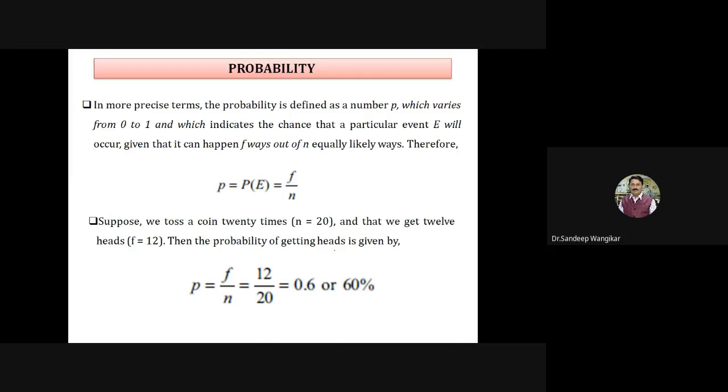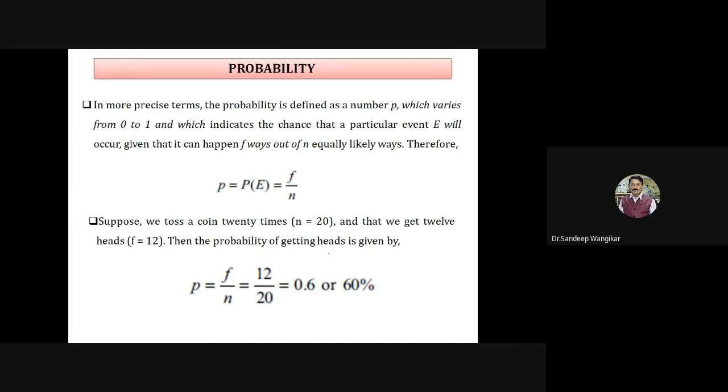In more precise terms, the probability is defined as a number p which varies from 0 to 1 and which indicates the chance that a particular event E will occur, given that it can happen F ways out of N equally likely ways. So what is this F and N?